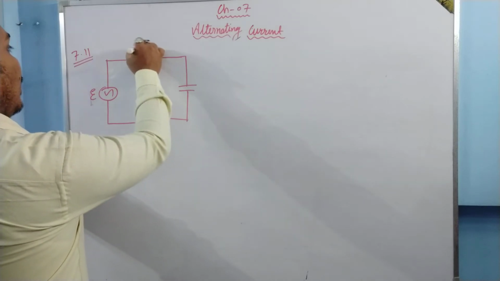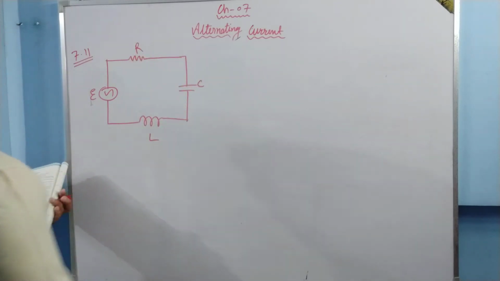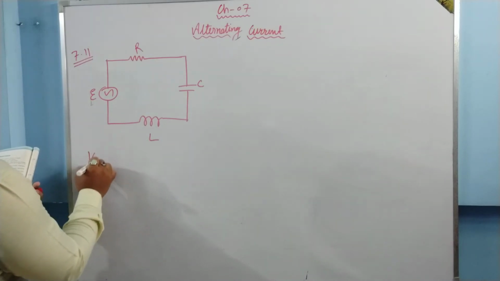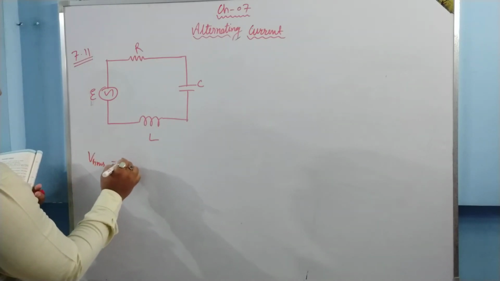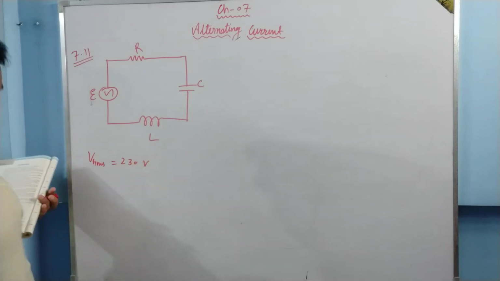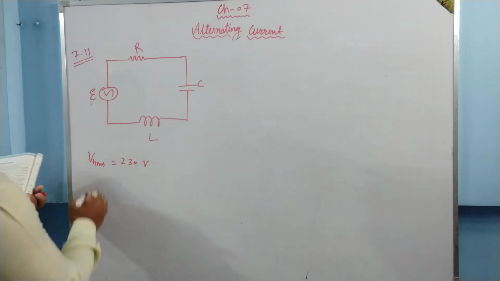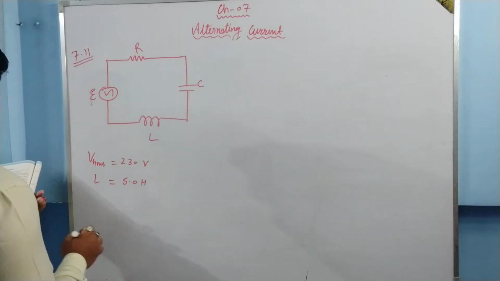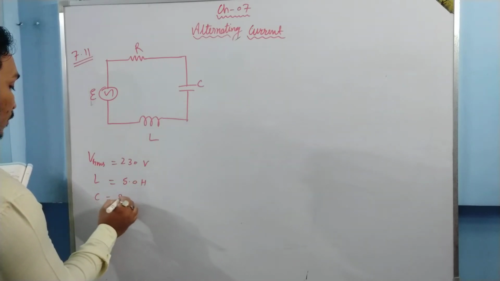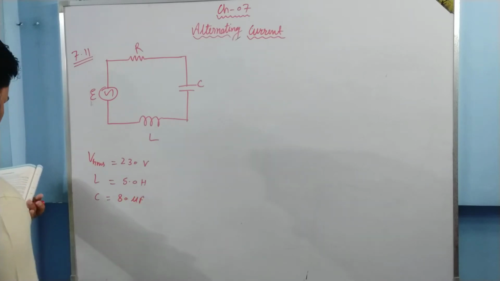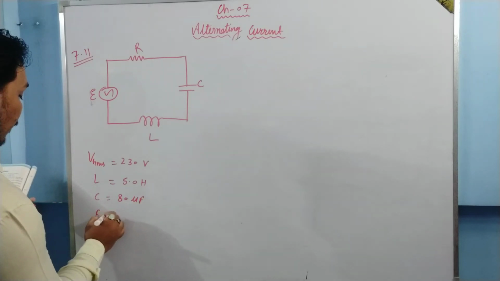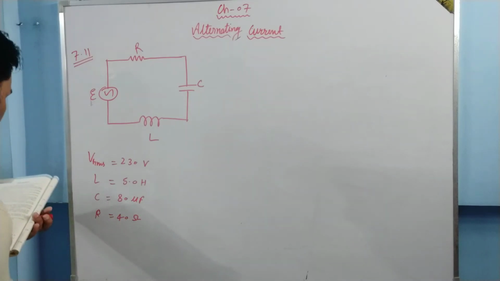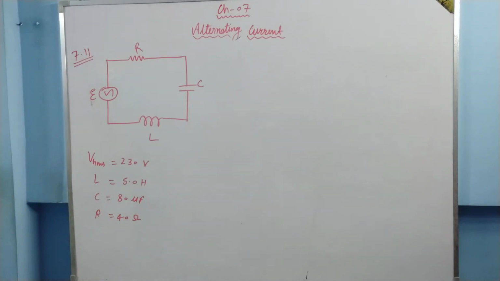Okay, this is your R, this is your C, this is your L. Now it is being given that the source voltage, and nothing else is given, we are considering it as RMS voltage 230 volt. L is equal to 5.0 Henry, C is equal to 80 microfarad and R is equal to 40 ohm. Okay, these all are things given.